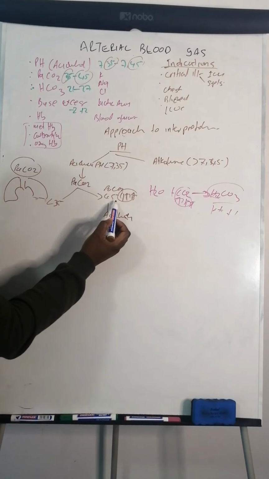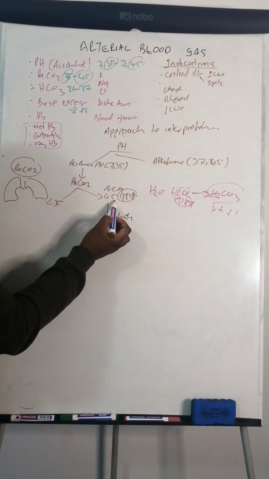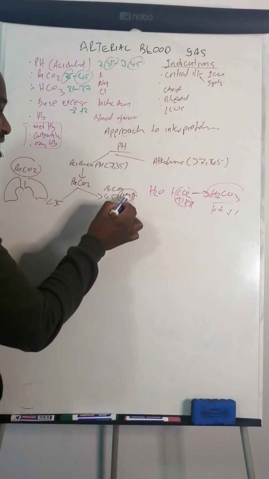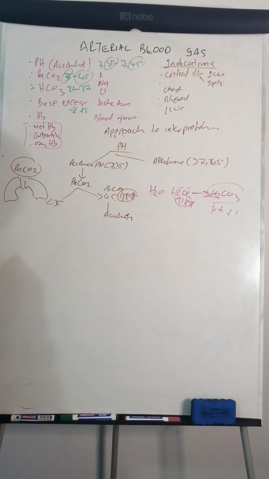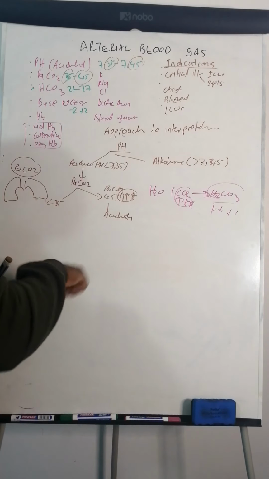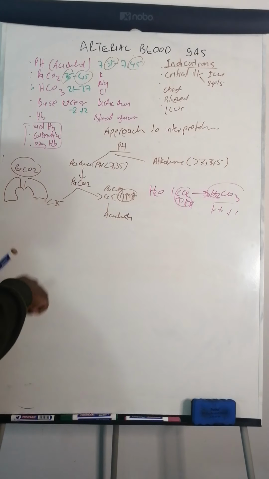We say, okay, the partial pressure of CO2 is high, and we have acidosis. So this partial pressure that is high agrees with acidosis. So our patient does have a respiratory acidosis. We say it's a respiratory acidosis because for you to have a buildup of CO2, it's a respiratory problem.